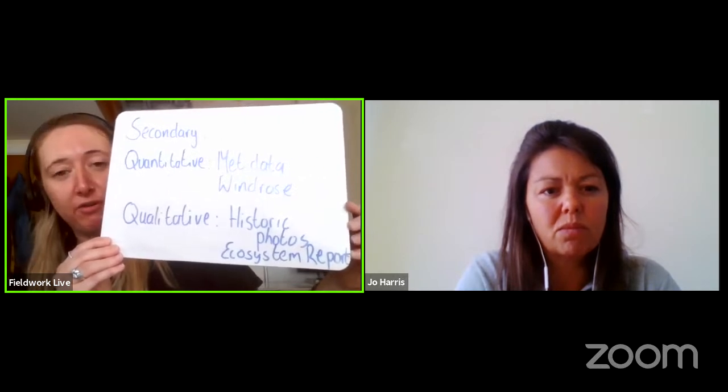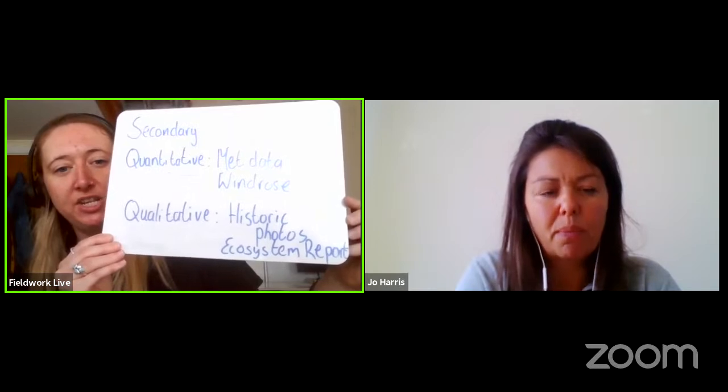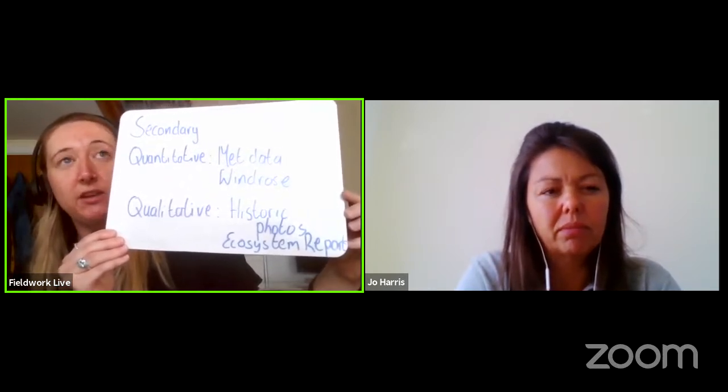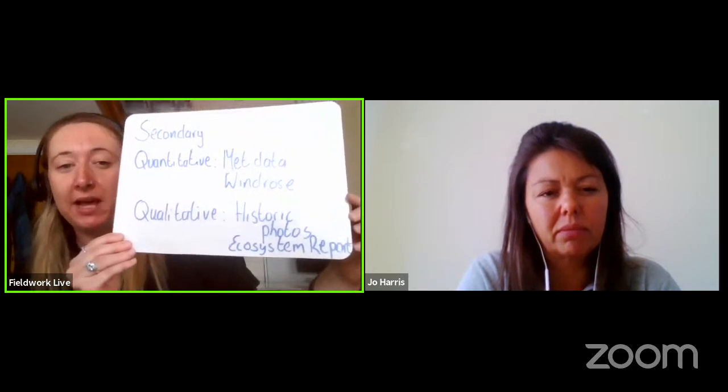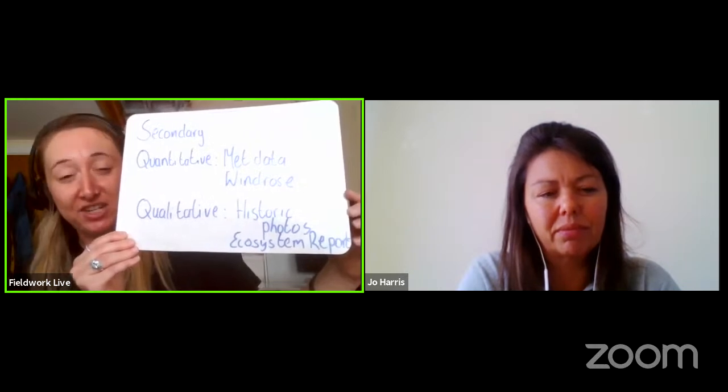And then from a qualitative point of view, it's looking for historic photos of an area, perhaps seeing how vegetation might have changed and annotating those, and maybe also looking at some of those ecosystem reports or habitat action plans or SSSI, sites of special scientific interest, citations. There's lots of useful information in those, which will be secondary qualitative information. So hopefully that's helpful for that question.